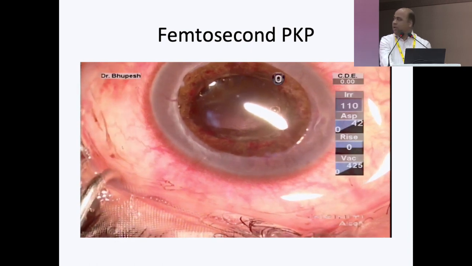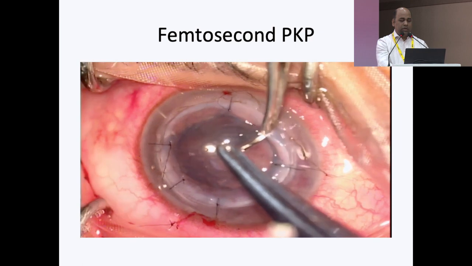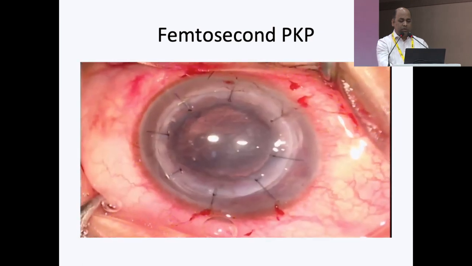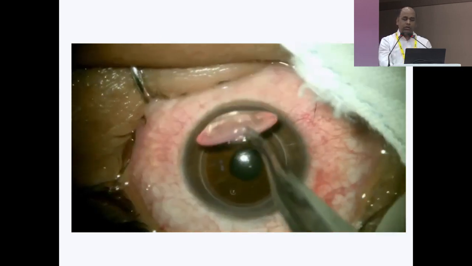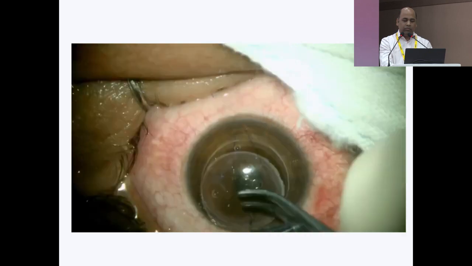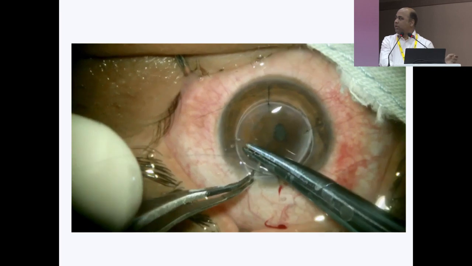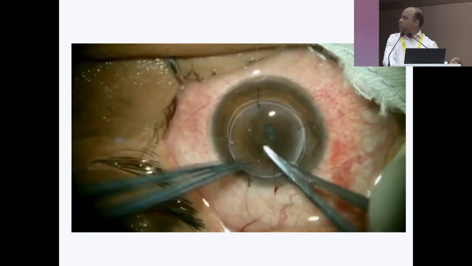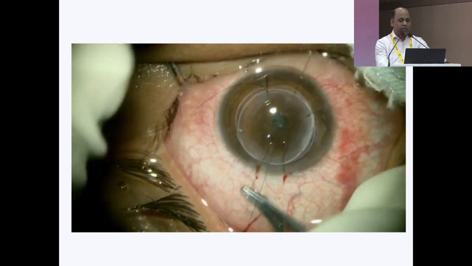The lens was implanted after removing the cataract, and the graft was placed. You can see the configuration, it just fits the donor and the host. This is in the case of keratoconus. The advantage of femtosecond laser is that you have to put fewer sutures most of the time. 12 sutures are enough for all the cases done by femtosecond laser surgery.